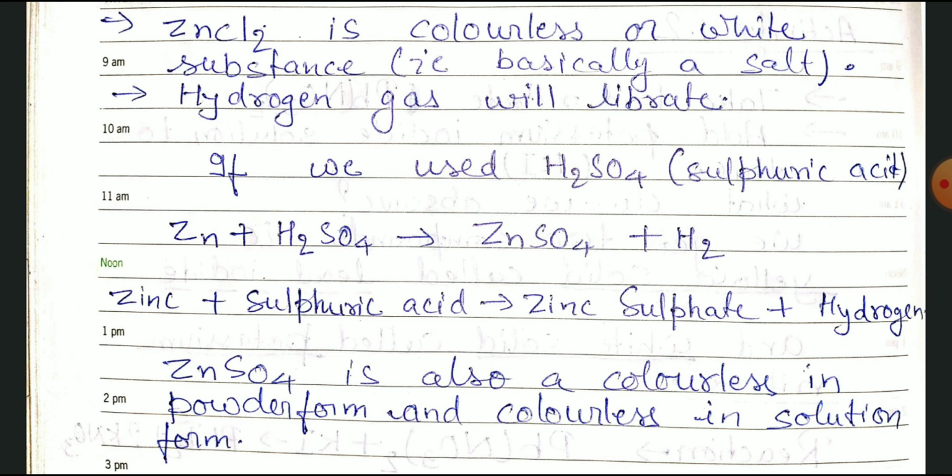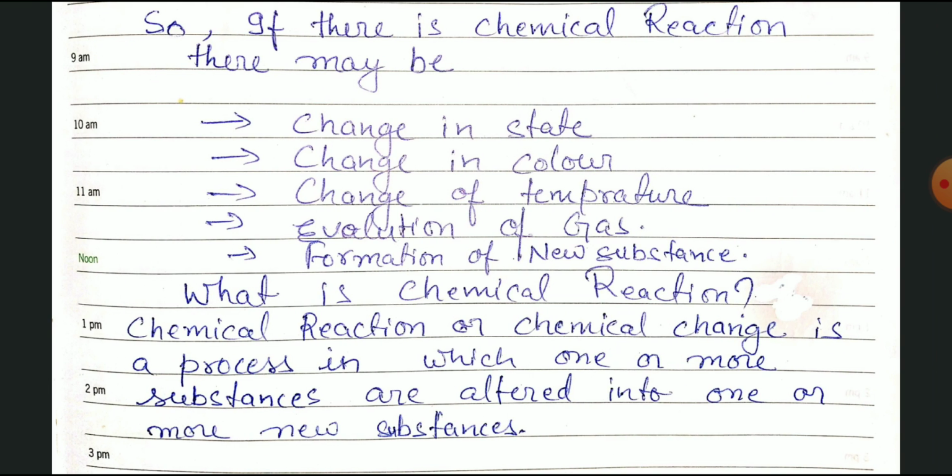ZnSO4 is white in powder form and colorless in solution form. So I guess you have understood both the conditions and both the reactions, how the reaction is taking place. Every time I've written the reaction, so you need to go through it again and again, and reactions are very important from the examination point of view.